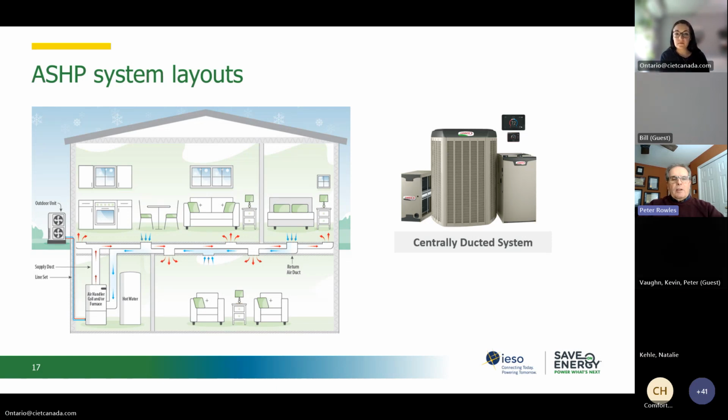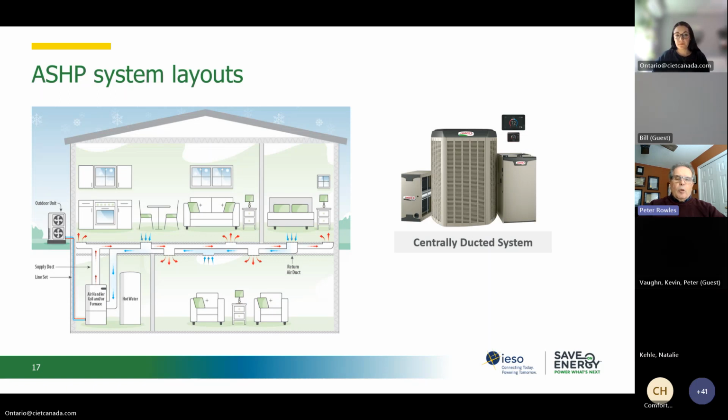Essentially, a ducted system is illustrated here. The outdoor unit is absorbing thermal energy from the outside air while in the heating mode, or releasing thermal energy to the outside air in the cooling mode. The indoor unit or coil releases heat to circulated air during heating mode, or removes heat from the circulating air during the cooling mode through the air handler.